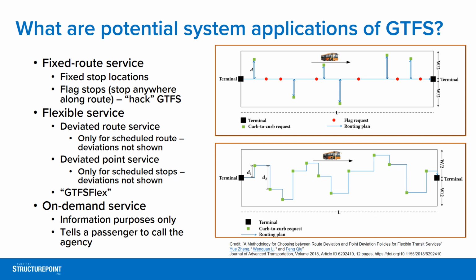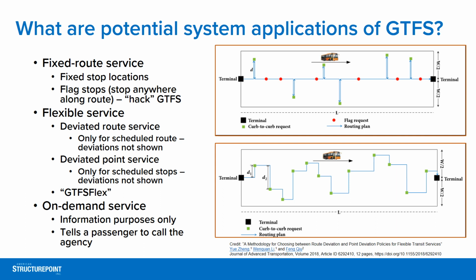The third type of flexible service is deviated point. It's like deviated route in that it deviates to serve passenger requests. The difference is that there's no snap back to a route. Instead, the vehicle is choosing the shortest path between customer requests.